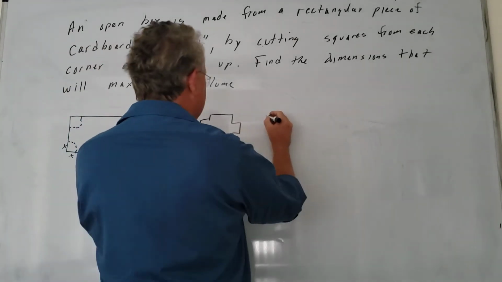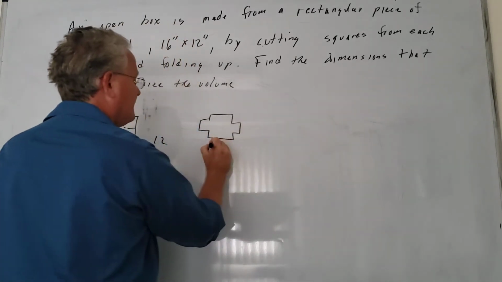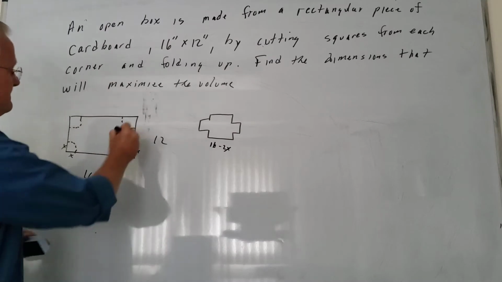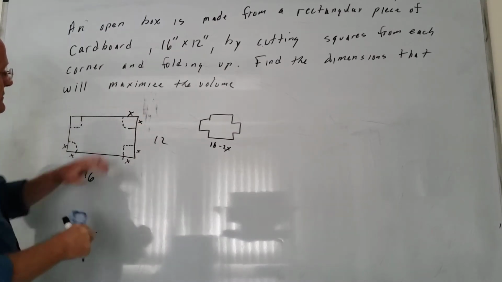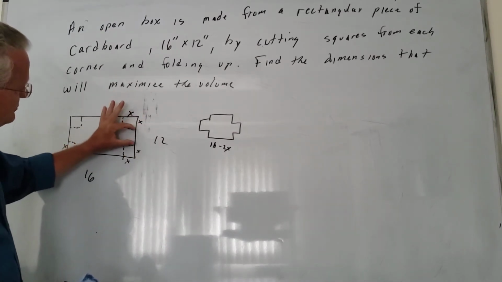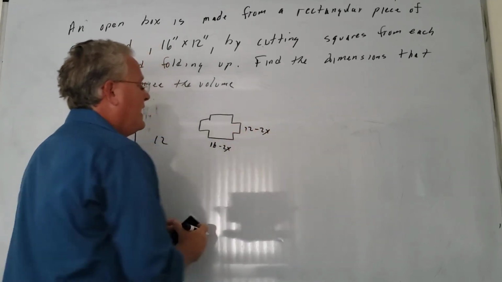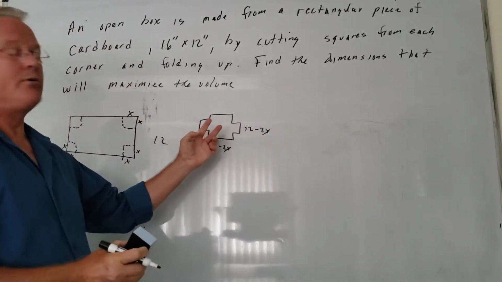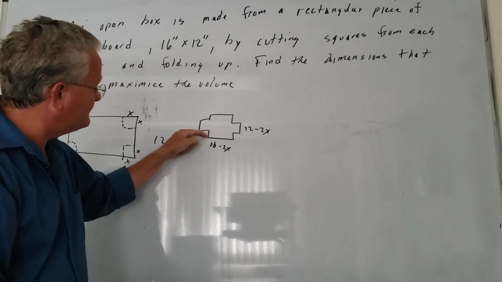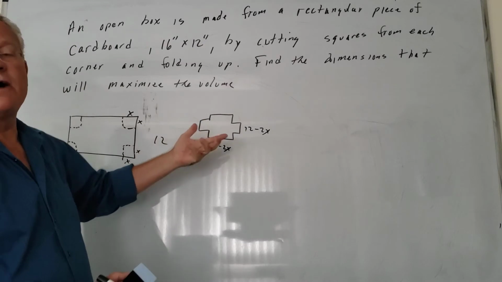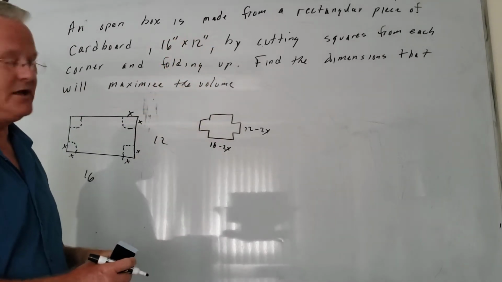After we fold that up, this is 16 minus 2x. This distance is 12, take away 2x, leaves us with that. And after we fold it up, the height, this distance here, is x. So when we fold it up, the height of the box is going to be x.